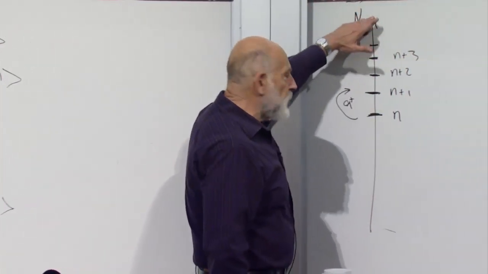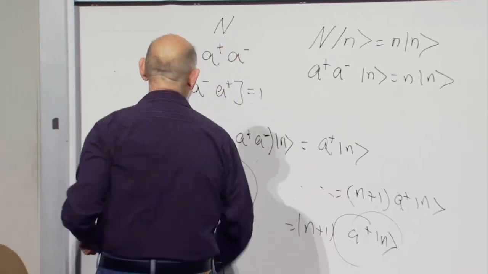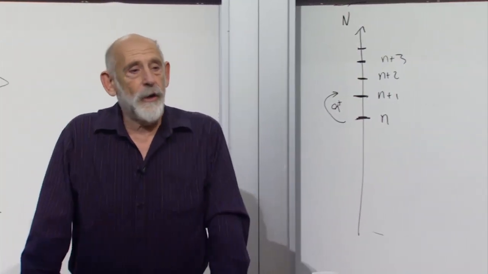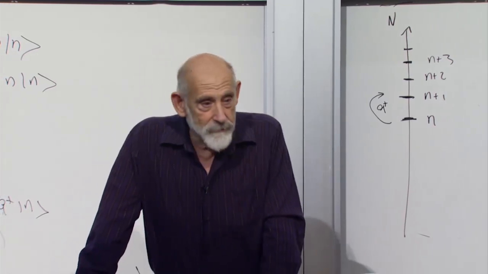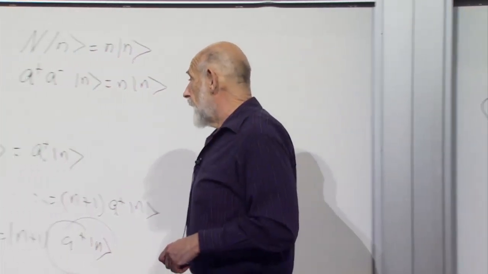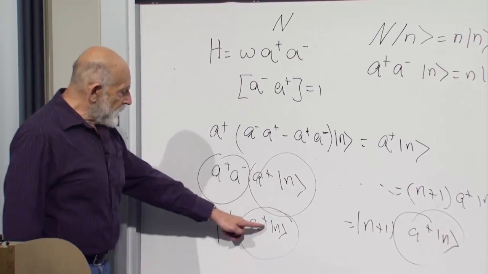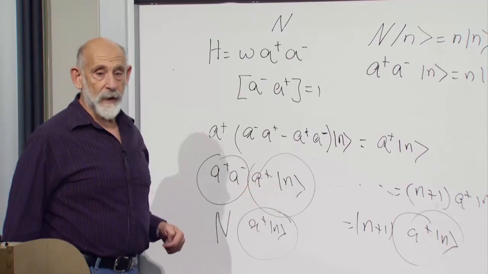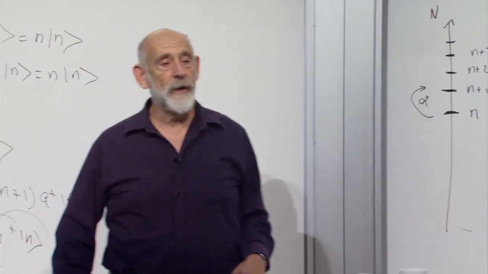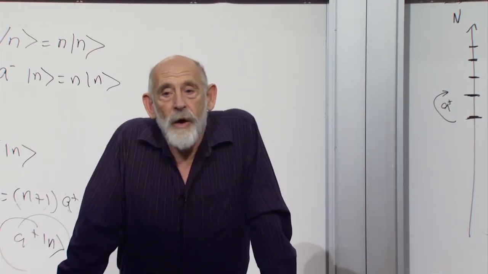These, of course, have higher and higher energy because the energy is just omega times n. What about going down? What's the thing that takes you down? A minus. It's a straightforward thing to prove, same deal, that a minus on n takes you down. How far down can it take you? Can it take you indefinitely down? Why not?